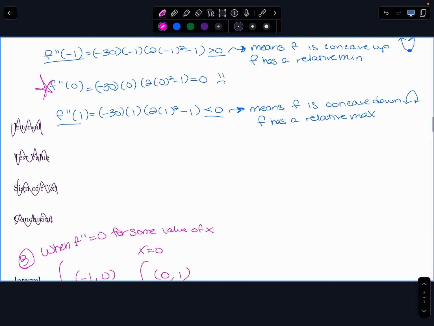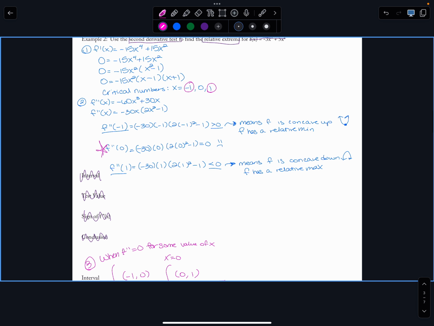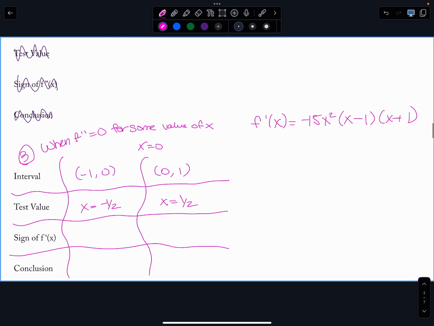So my first derivative is negative 15x squared, x minus 1, x plus 1. Okay. So I'm going to plug in my negative 1/2. If I have a negative 1/2 in for my x, that gives me a negative here, a negative here, and a positive there.